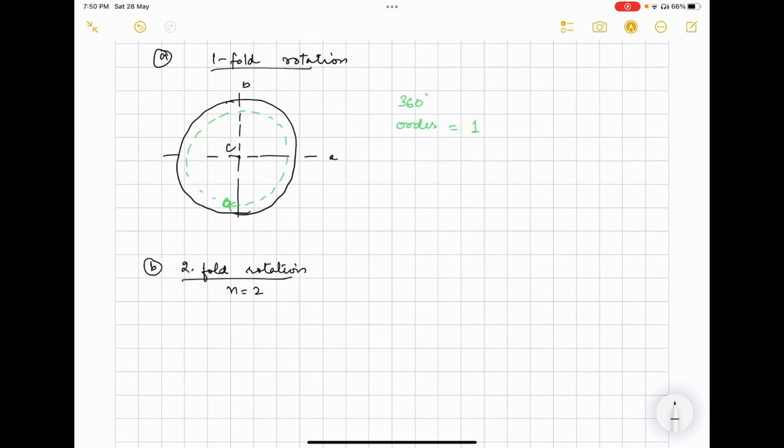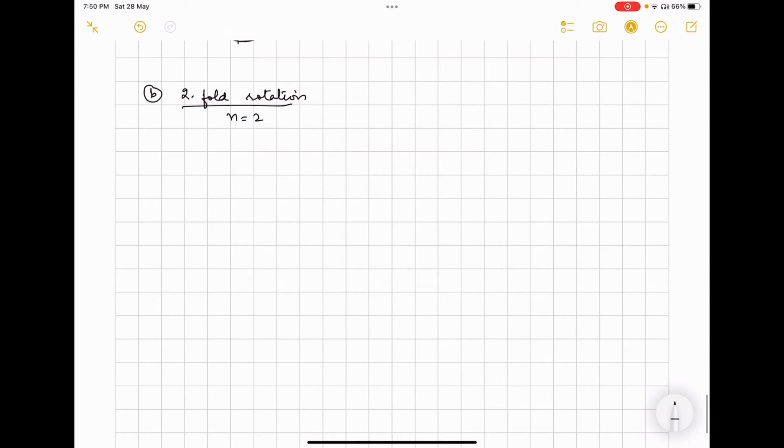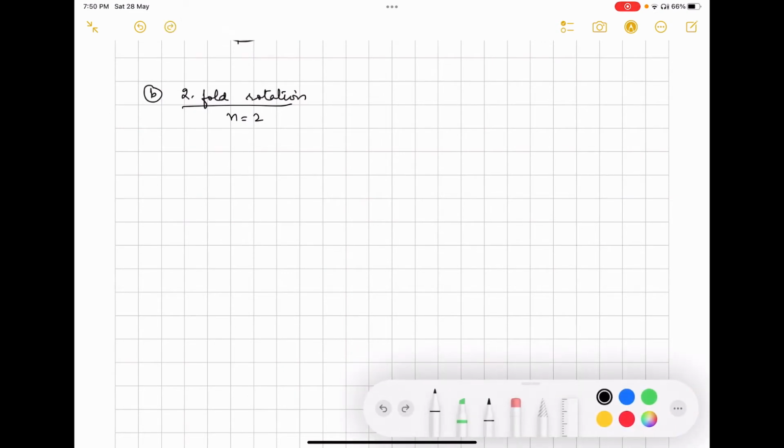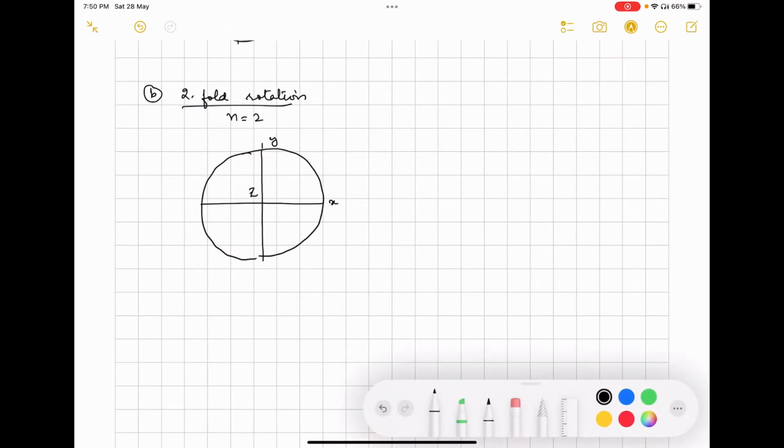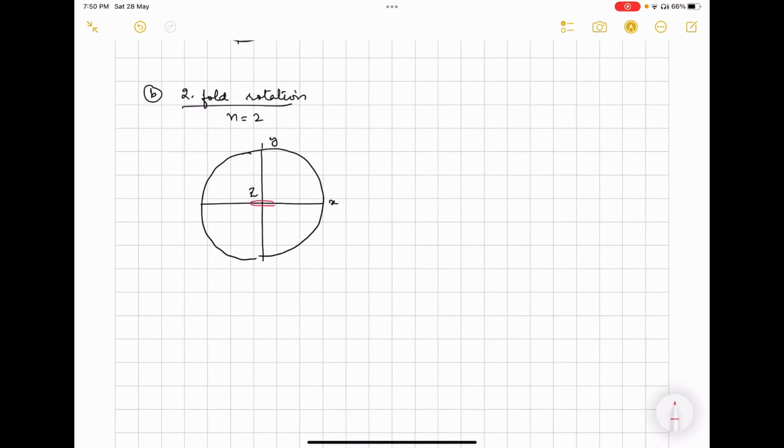That is n equals 2. These are the axes x, y and z. The symbol for a two-fold rotation is an ellipse.